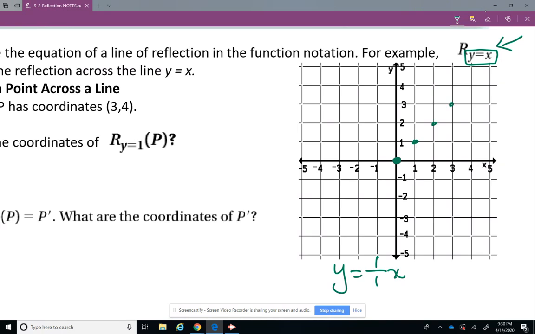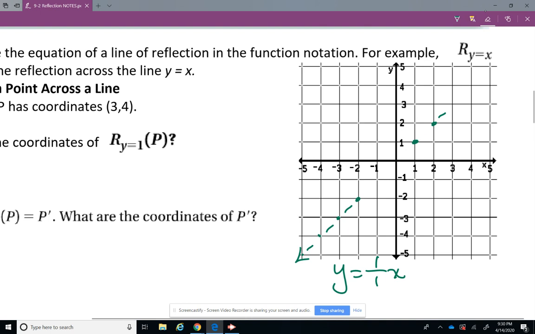So if I was doing this, which I'm not, so don't write this. If I was reflecting across y equals x, I would be reflecting across this line right here. And we can call it a dashed line if we want to, because it's kind of an invisible line. That's what you would be reflecting over if they told you that you were reflecting over y equals x.